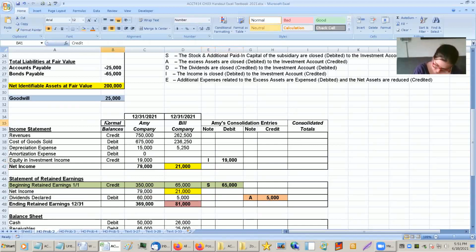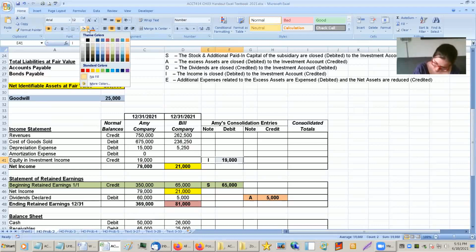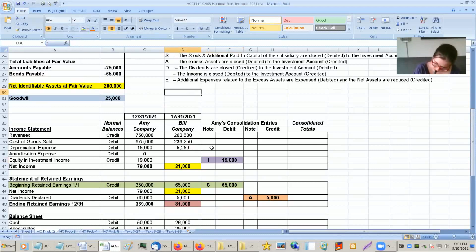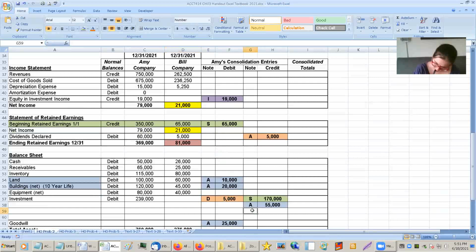And by the way, I put the normal balances over here. The normal balance for the equity investment income would be $19,000 on credit, so we're debiting it to get rid of it. The hardest part is figuring out what color. We'll make it purple. There you go, purple.